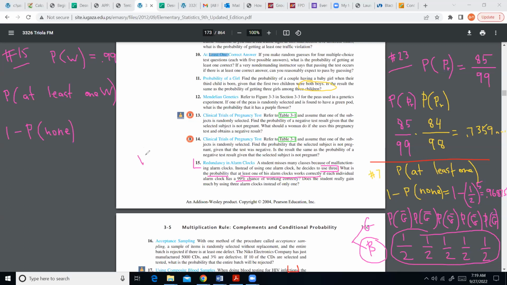So at least 1 means 1 works, or 2 work, or all 3 work. And that's the way the person wakes up, but none of them work. 0 working alarm clocks means that person overslept. And that's what none really stands for.